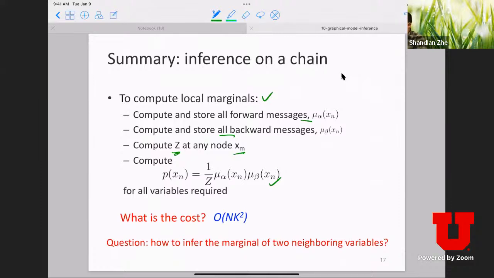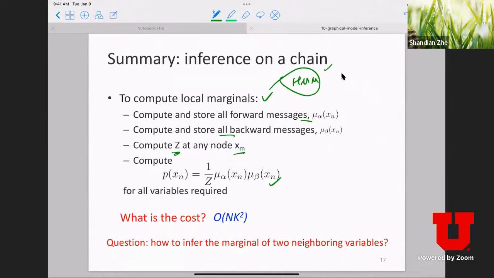It's very efficient. Maybe you have heard this algorithm before. In some disciplines, like the commonly used hidden Markov models, this is called the forward-backward algorithm.